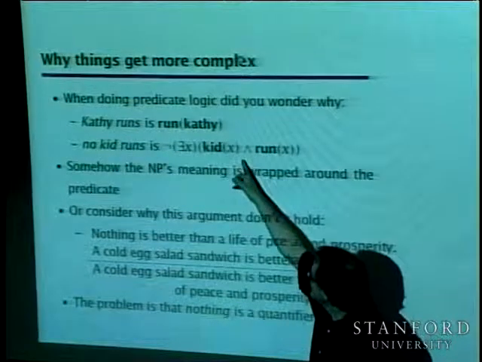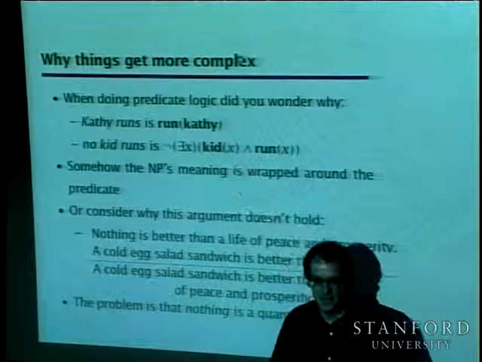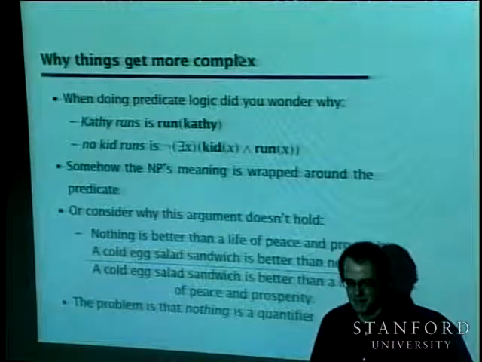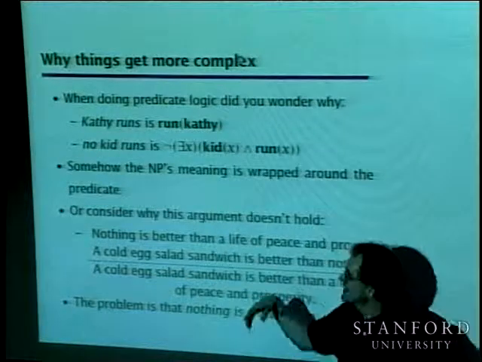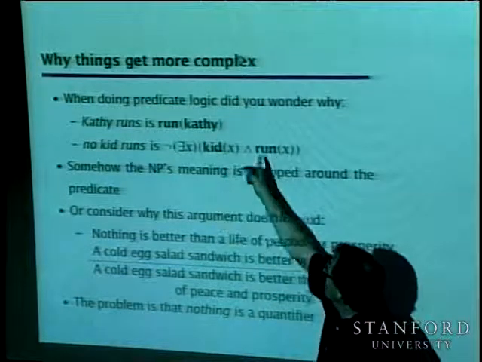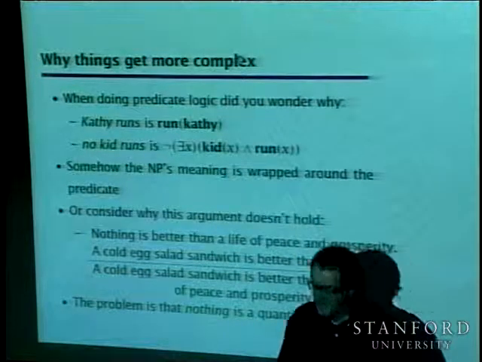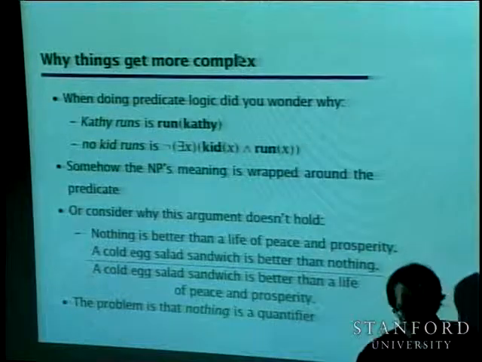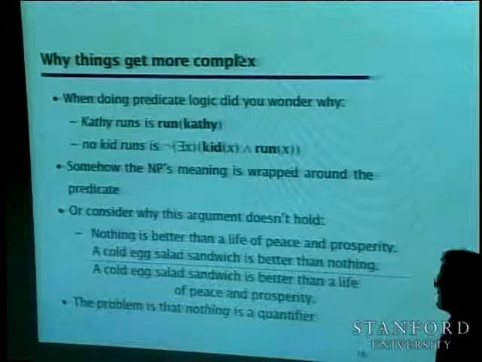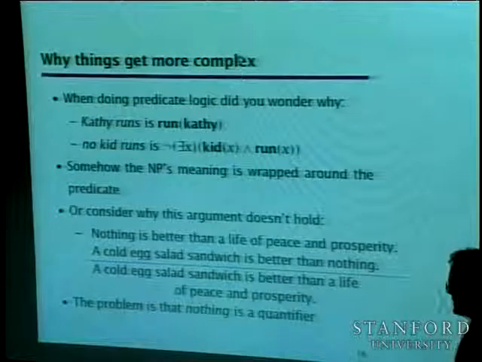But the translation is completely different. We've wrapped some weird logical structure around the outside of the whole thing, and runs is buried down somewhere. That looks kind of awkward. And so the question is, how can we produce those kinds of translations in our system?